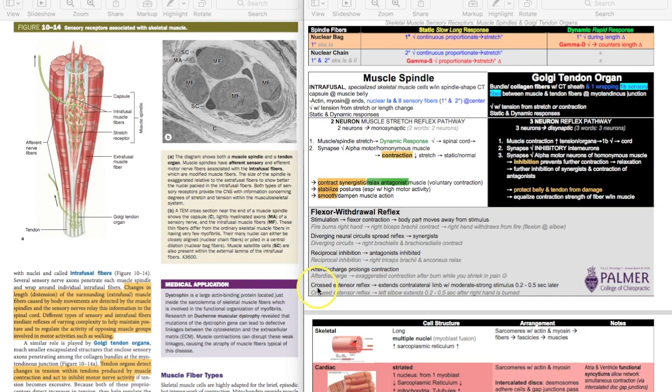And then lastly, you have the cross extensor reflex. So the contralateral limb will extend if there's a strong enough stimulus, basically with a moderate to strong stimulus a little bit later, like 0.2 to half a second later. So if it's just an itsy bitsy stimulus that's not so bad, you're not going to have this contralateral limb extension.